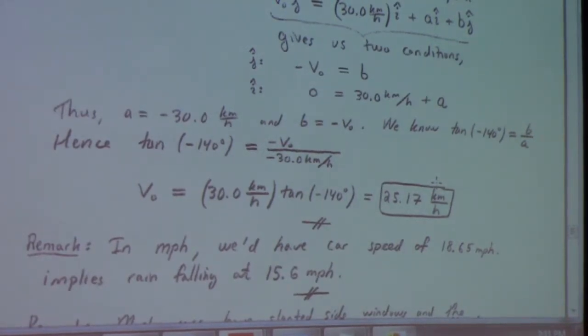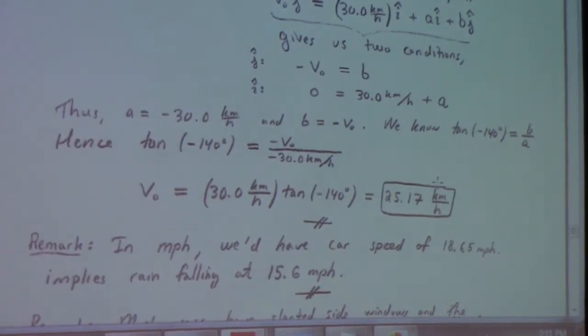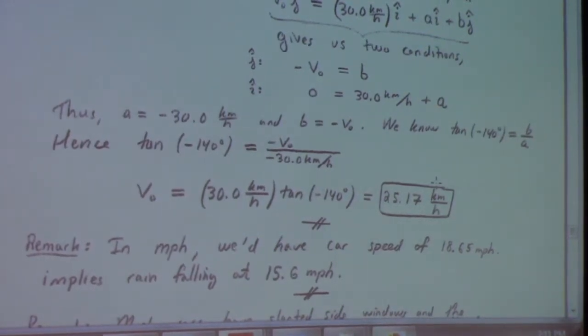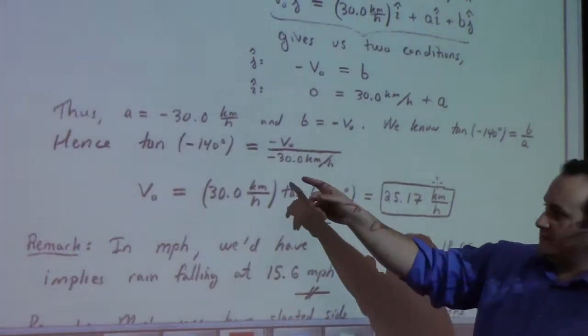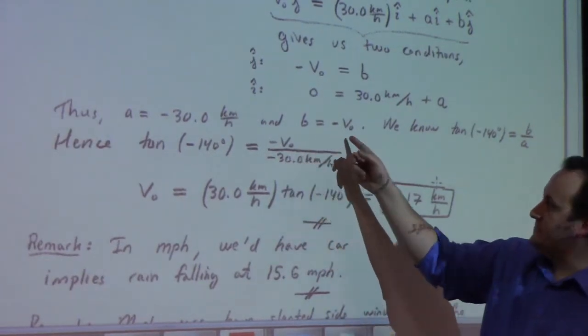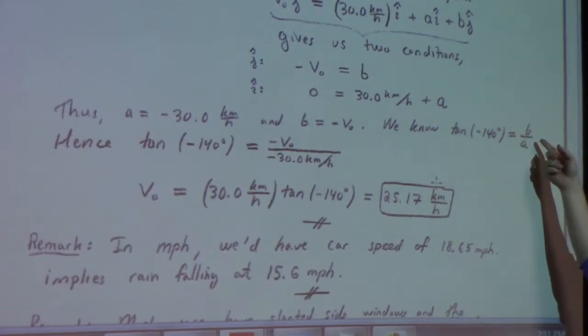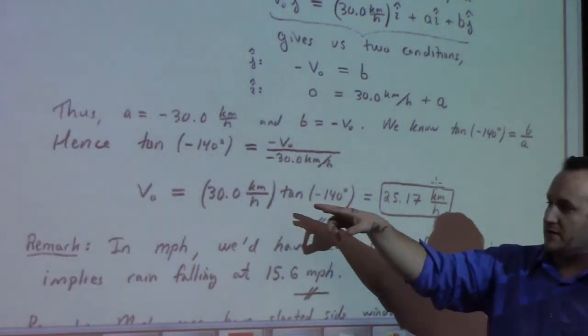Where's this minus 140 coming from? 50 degrees, the vertical. 50 degrees minus 180, right? So anyway, that gives me A and B, and I know the angle is minus 140 when I draw the right picture.